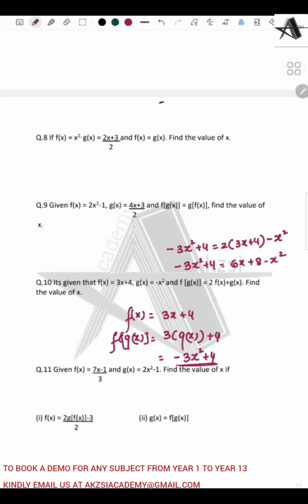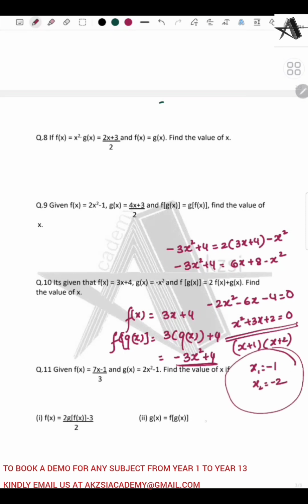So it will be negative 2x squared minus 6x minus 4 equals 0, or dividing both the sides by negative 2, it will be x squared plus 3x plus 2 is equal to 0. From here I can clearly see that this is (x plus 1) times (x plus 2), and finally x1 is negative 1 and x2 is negative 2, and we can easily calculate the value.